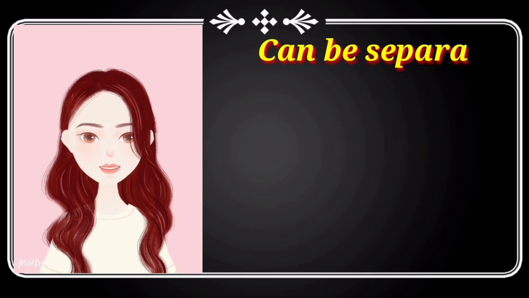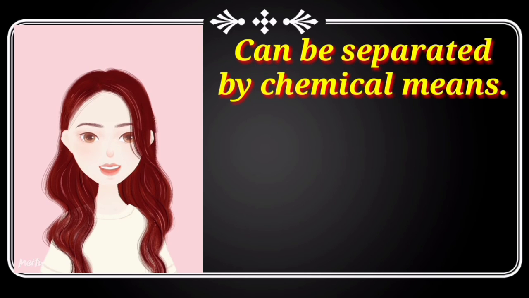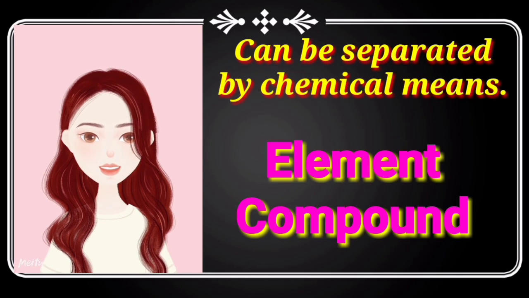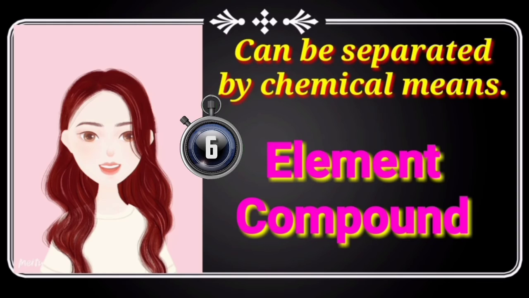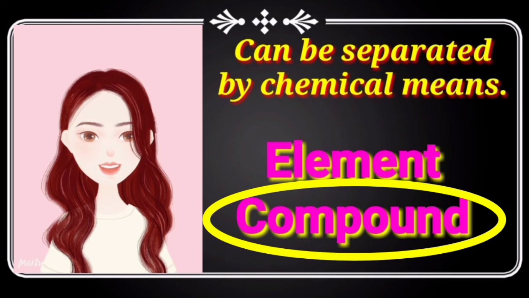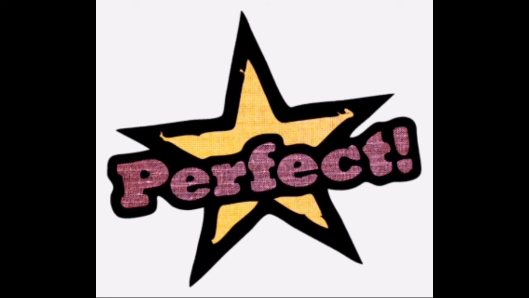Correct. Element. Can be separated by chemical means. Element or compound? Correct. Very good, students. Congratulations.